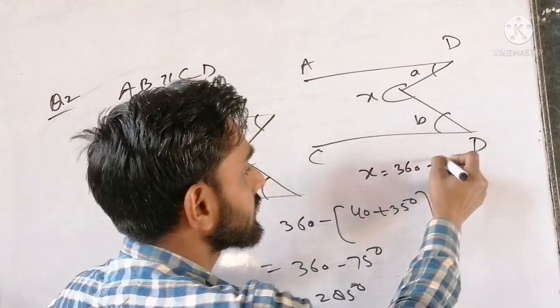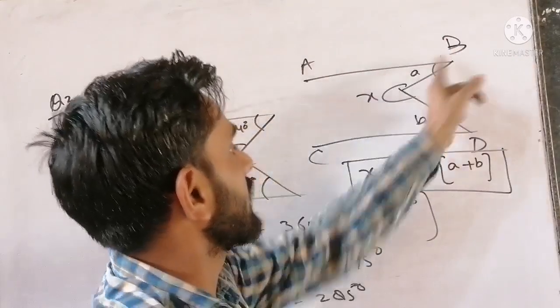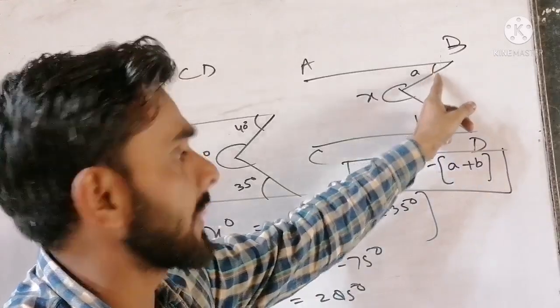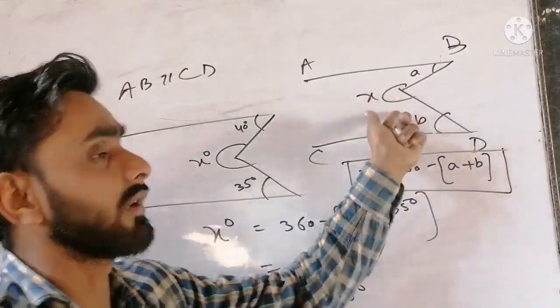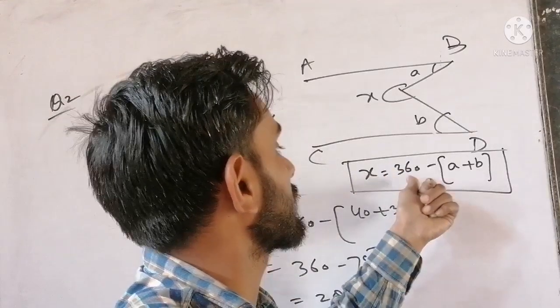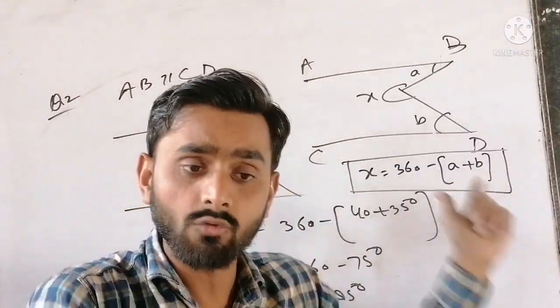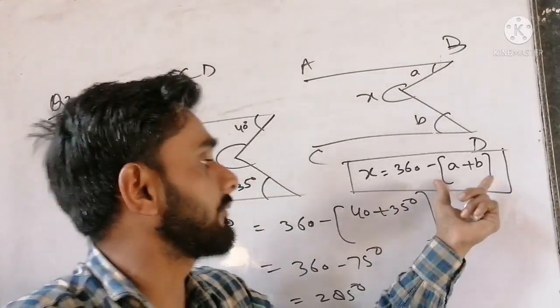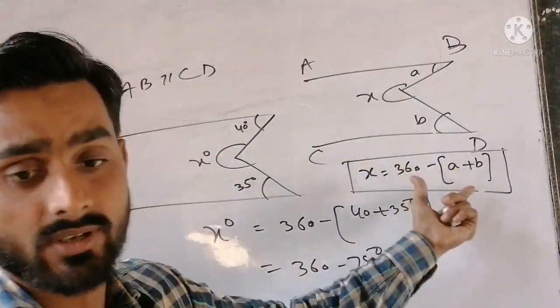This is the formula for the value of x. Find the value of x by the formula x is equal to 360 minus A plus B. You have two methods. This is the very good formula, and this is the tricky formula.